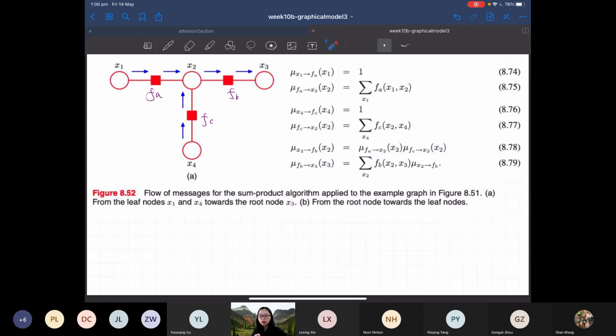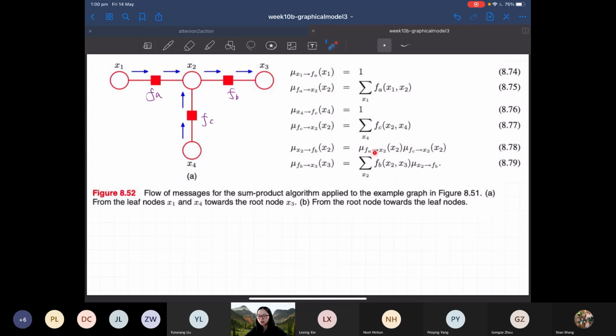And now that we have computed these two messages, the message from x2 towards the direction of x3 is ready to be computed, right? So the outgoing message from x2 is the product of incoming messages, a simple product of these two things, because it's a variable node. It does no work. It's only the factor node that does quite a lot of work.